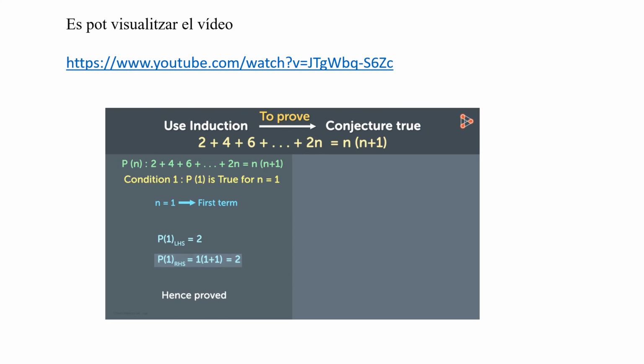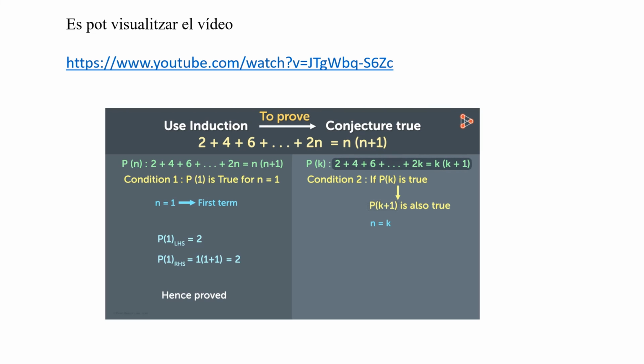Now for the second one. For the second condition, we first assume that n is equal to k. So what will P of k be equal to? P of k is 2 plus 4 plus 6 up to 2k is equal to k multiplied by k plus 1. Based on that assumption, we have to prove that the statement is also true for the k plus 1 case.